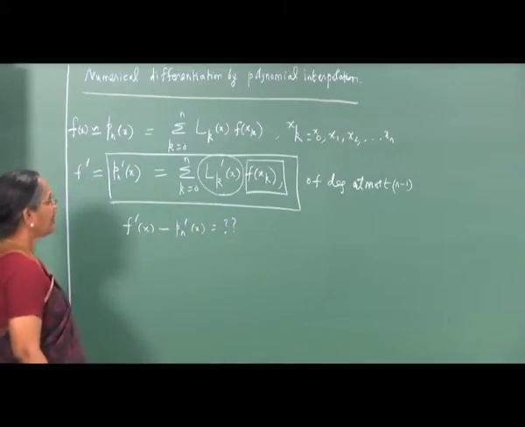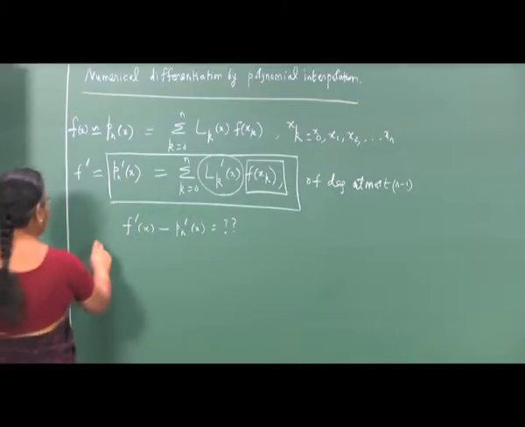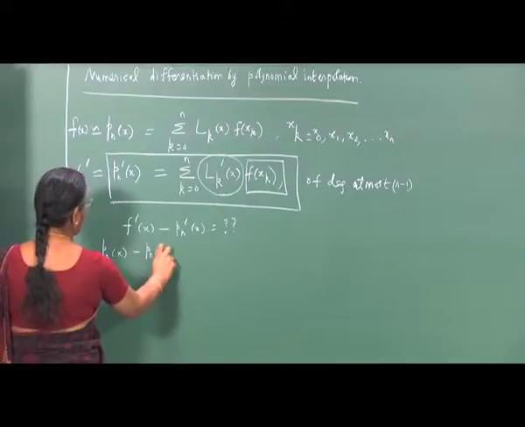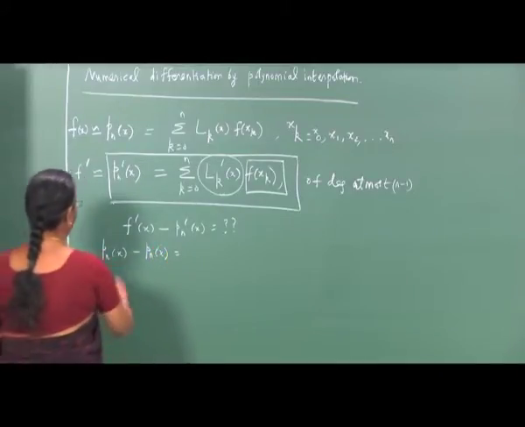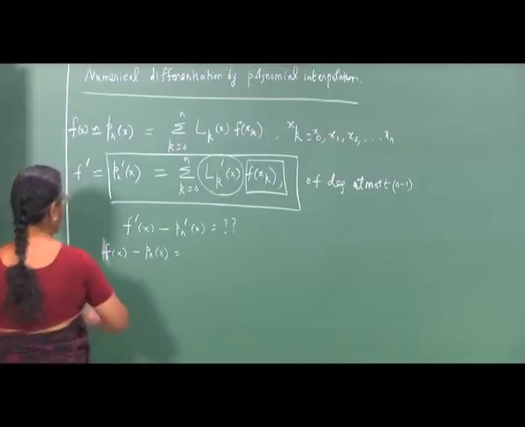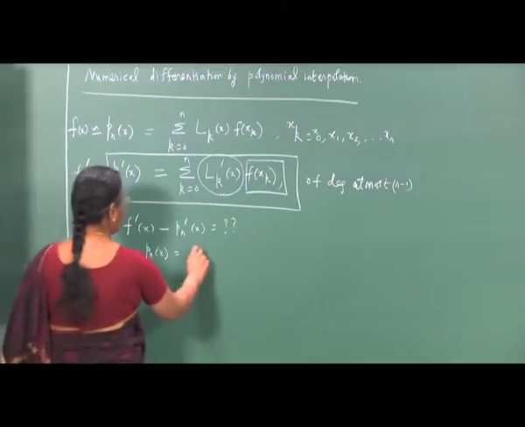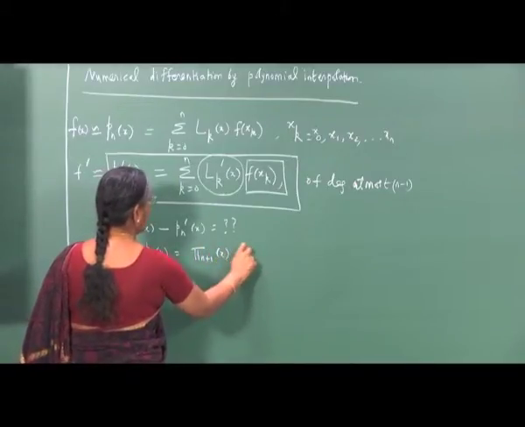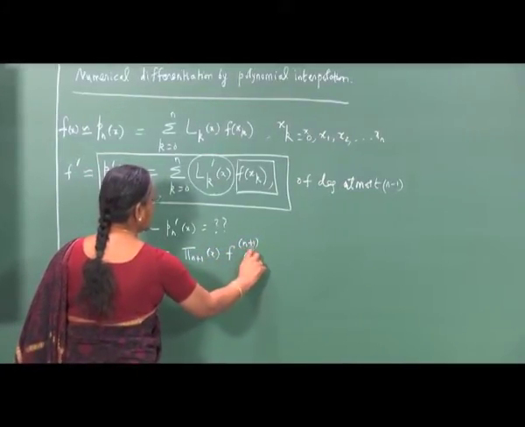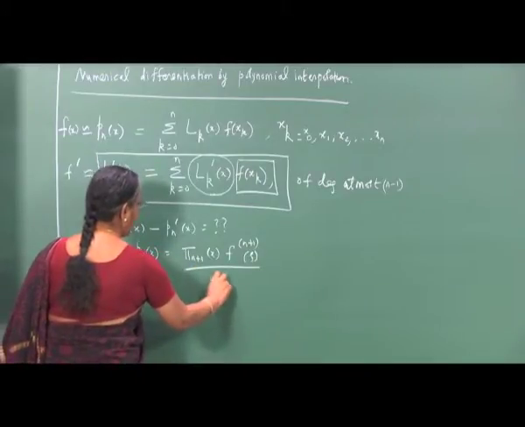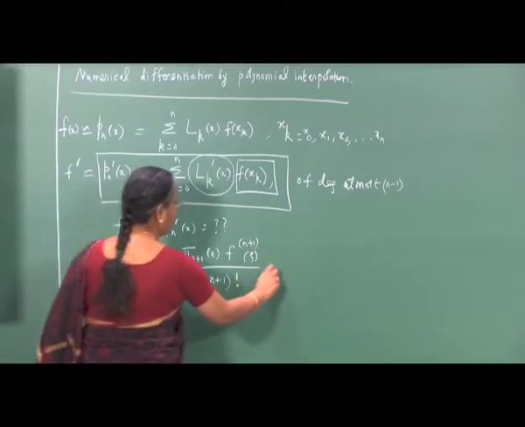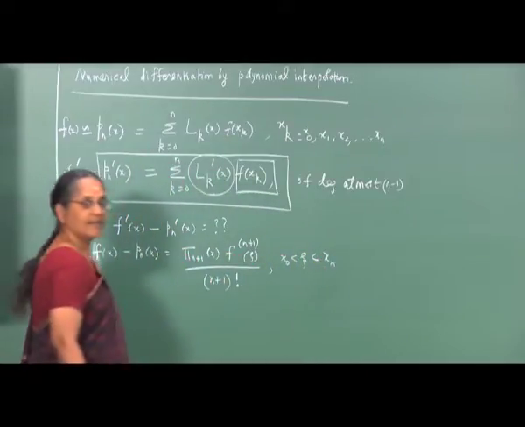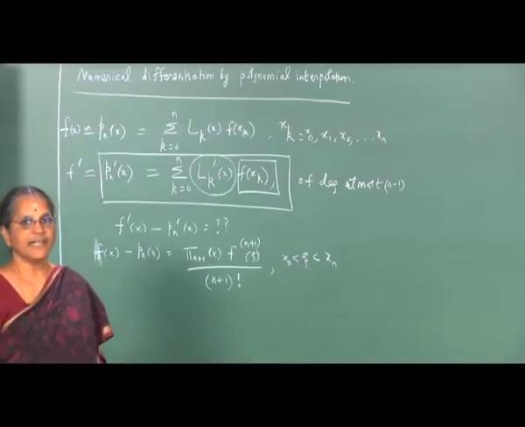What is the error? We already have an expression for the error in interpolation, namely f of x minus Pn of x is given by pi n plus 1 of x into the n plus 1th derivative at some point psi by n plus 1 factorial, where psi lies between x0 and xn when f satisfies certain conditions.